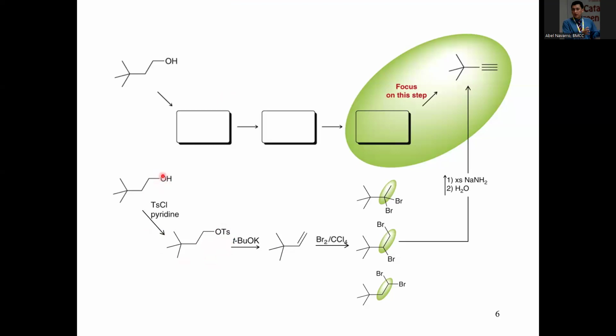So you are tosylating the OH, making it a good leaving group. Now you make a terminal alkene by losing the tert-butoxide, and then the alkene that you produce undergoes dihalogenation, trans, vicinal, and then this vicinal dihalide, dibromide, will undergo the exhaustive elimination to produce the alkyne.